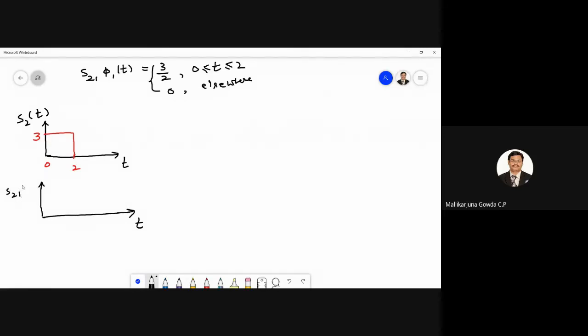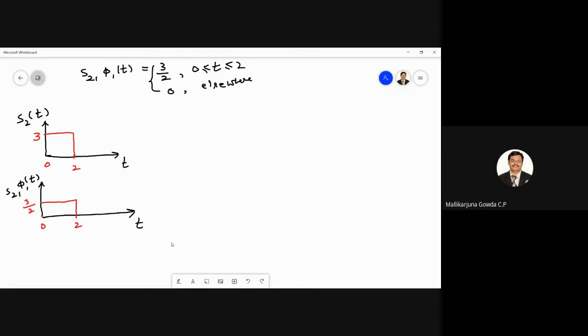Its value is 3 by 2, which is nothing but 1.5 over the interval 0 to 2.